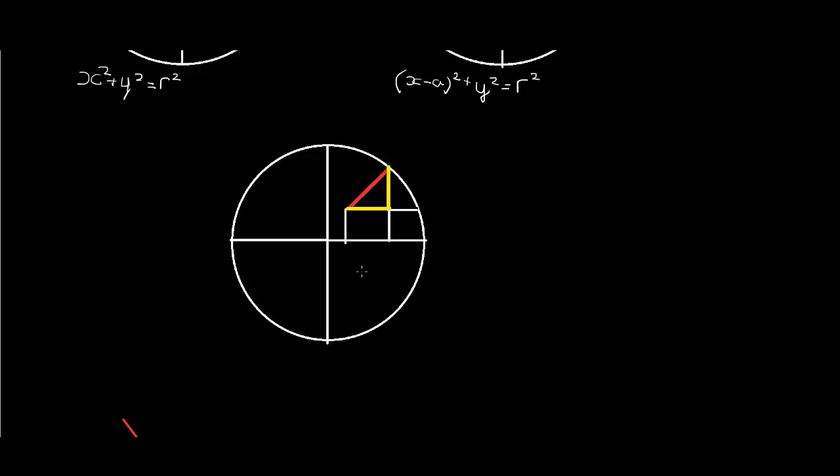Looking at this one, here we've got the centre of the circle at a point that is not at x equals 0 or at y equals 0.